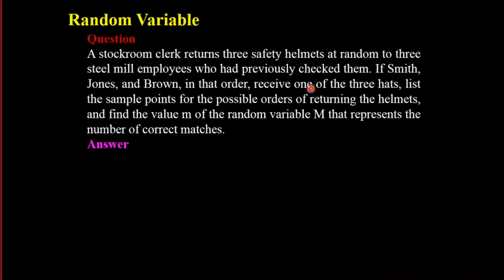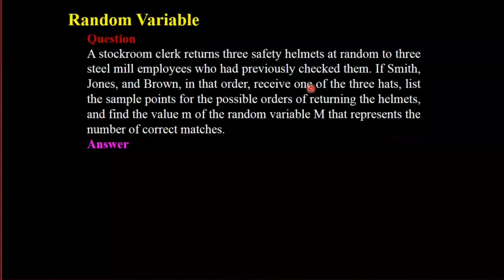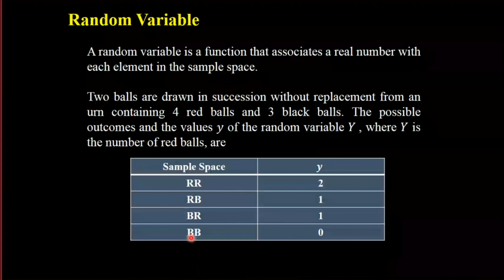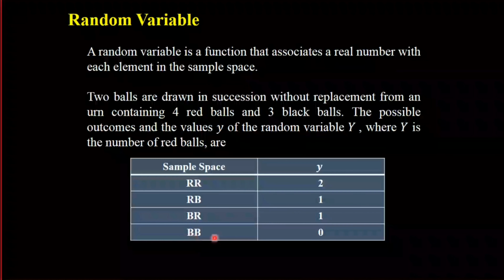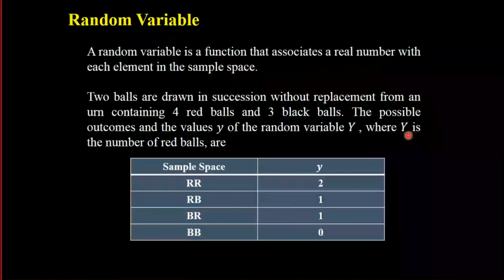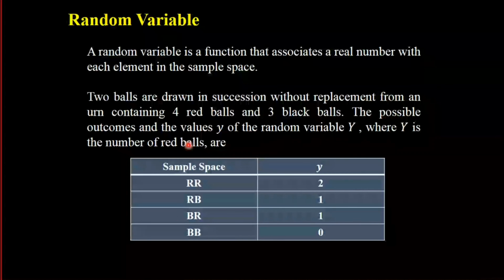Hello, sir. So, yes. In the previous question, the outcome of the black is 0. This one, black. Yes, sir. This is not an outcome. Actually, for black, we are assigning the real number. What real number? Our aim is that this capital Y is the number of red balls. So we are concentrated on red balls. So how many red balls are coming?